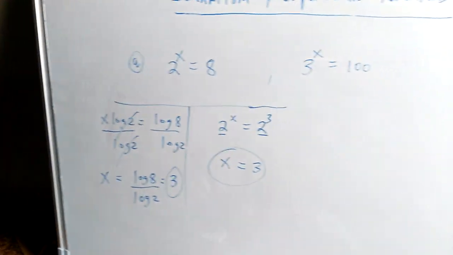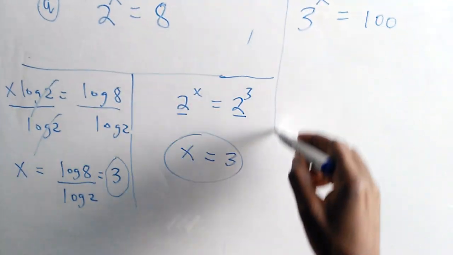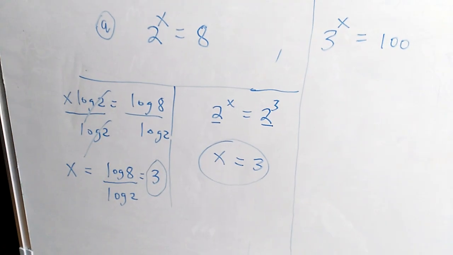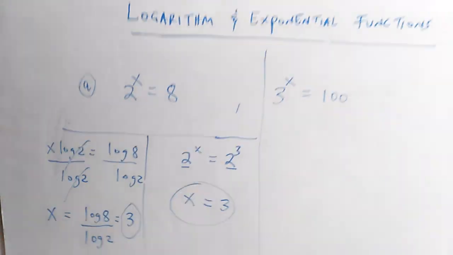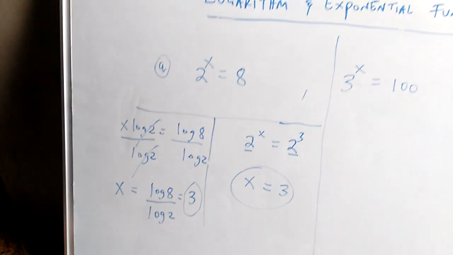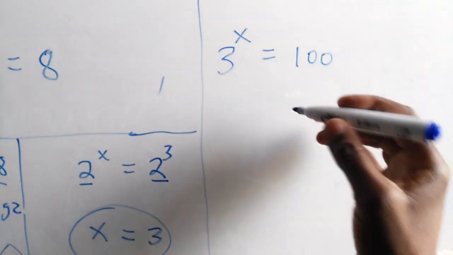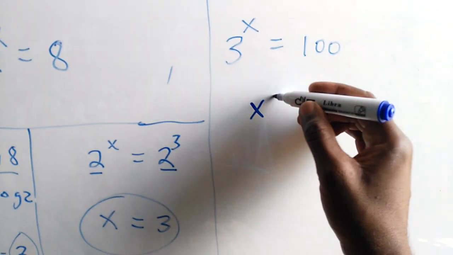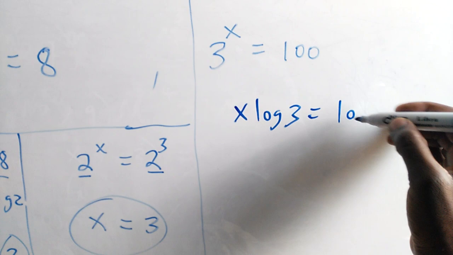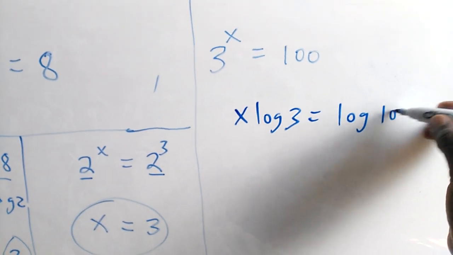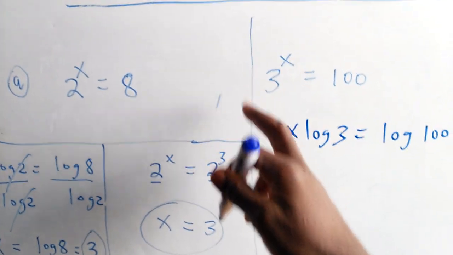Equally here, we would say, okay, we have 3 to the power of x, and then it is equal to 100. Let's say I were to introduce the log on both sides, that would mean you drop the power once you introduce the log.